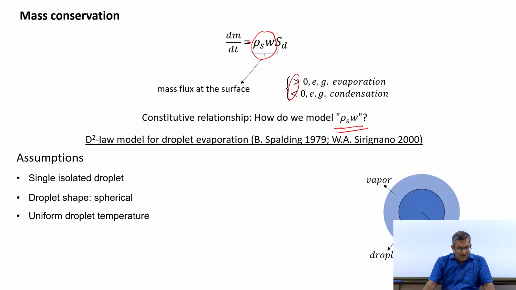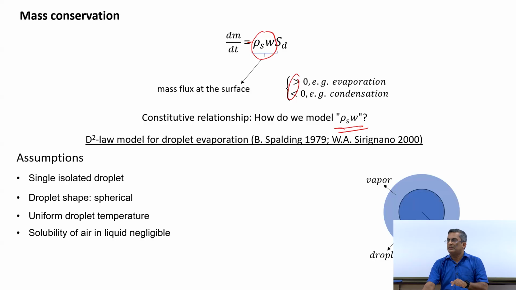Next, we assume that the droplet temperature is uniform, such that the vaporization rate on the surface of the droplet is the same everywhere. Then we assume that the air is not soluble in the liquid.